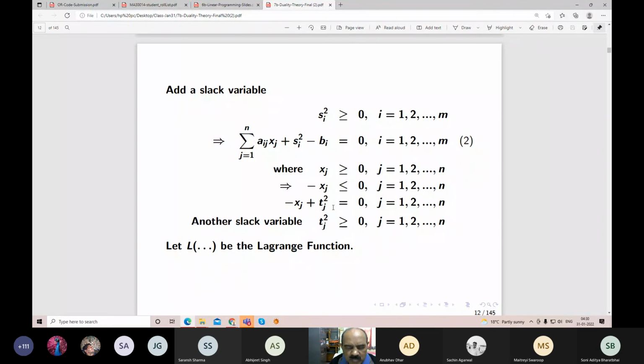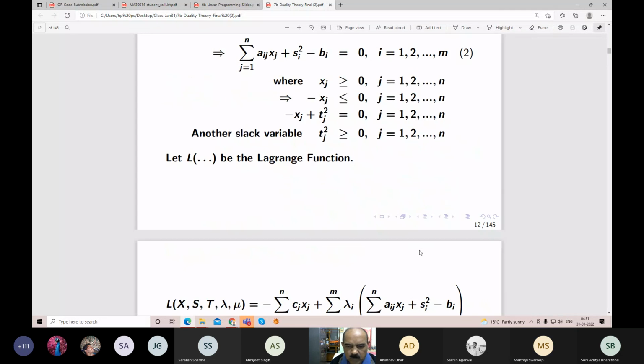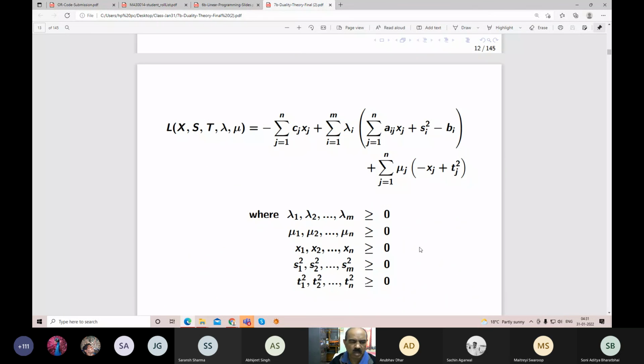Again I am adding a slack variable, and this tj squared is non-negative. So this completes it. Now we are formulating our Lagrange multiplier function. Our formulation is like this.